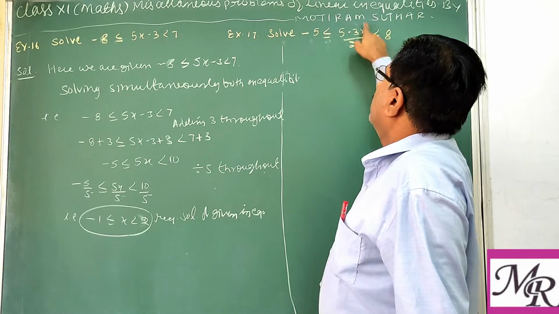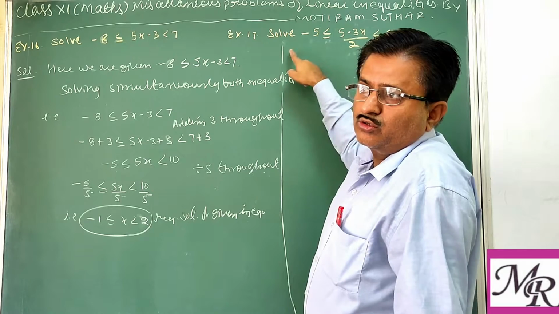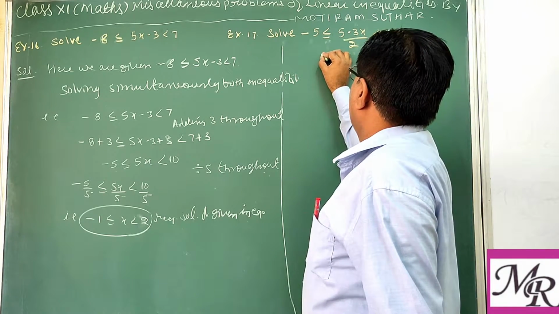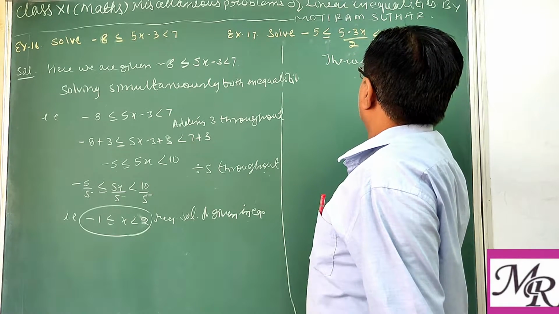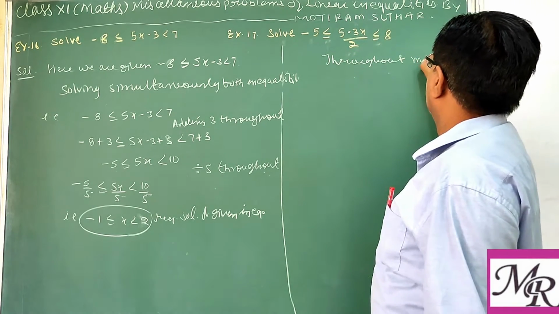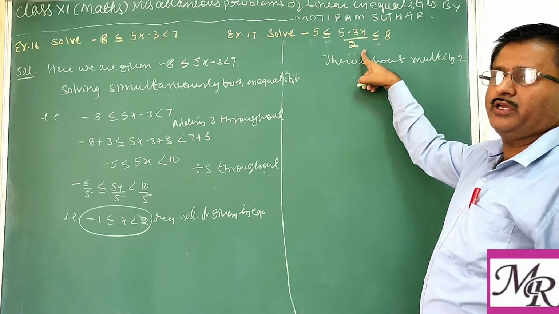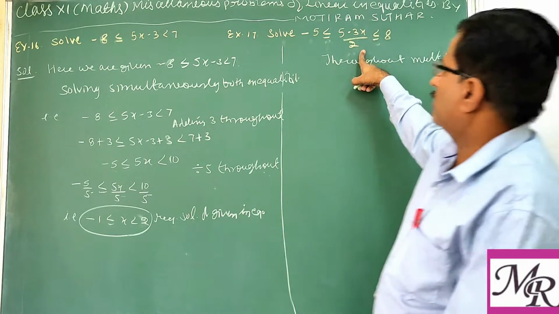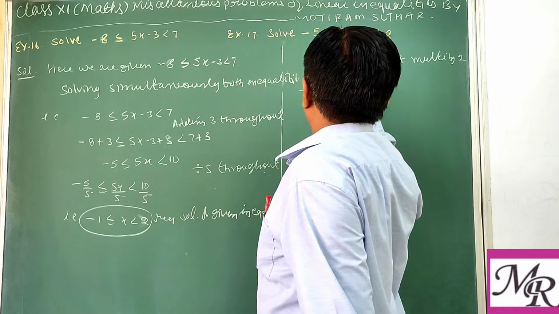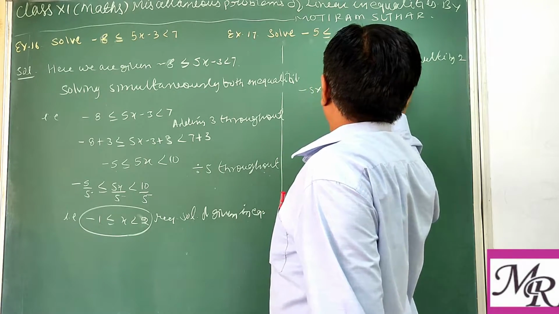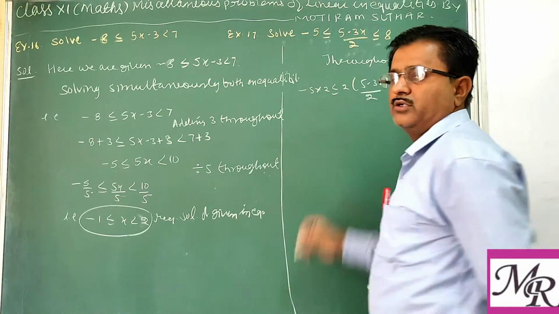So we get -5 into 2 less than or equal to 2 into (5 minus 3x) by 2 less than or equal to 8 into 2.